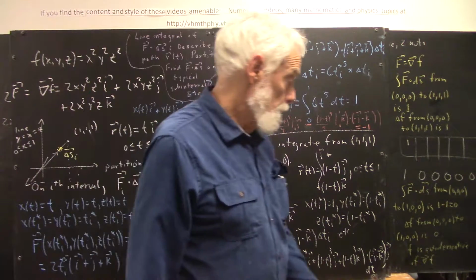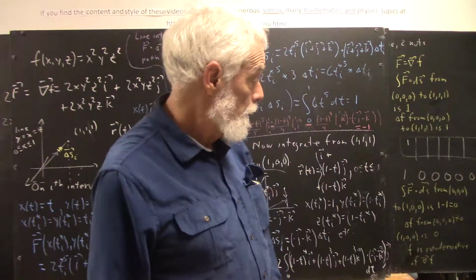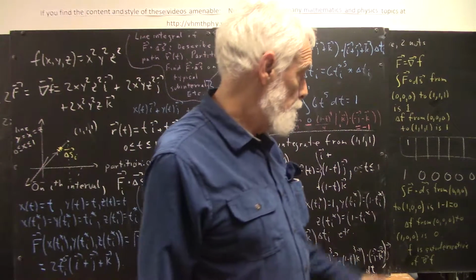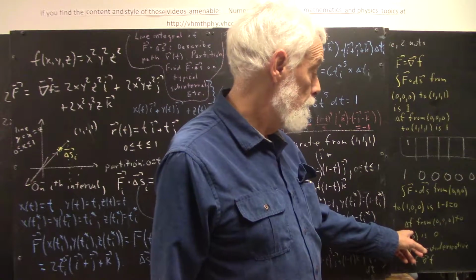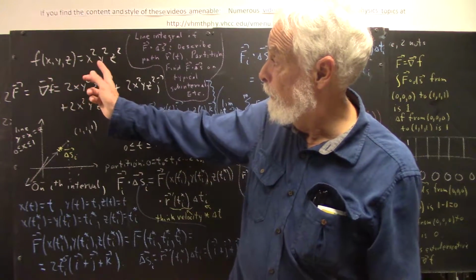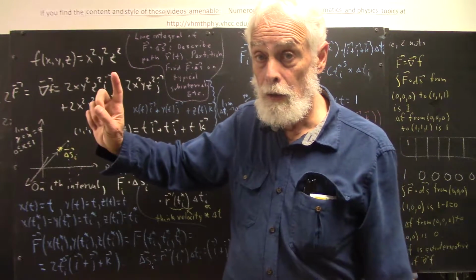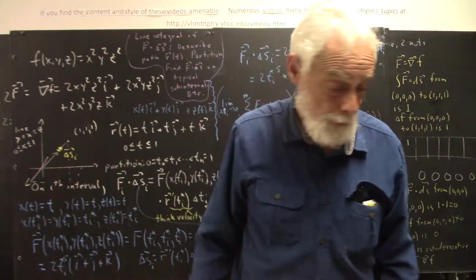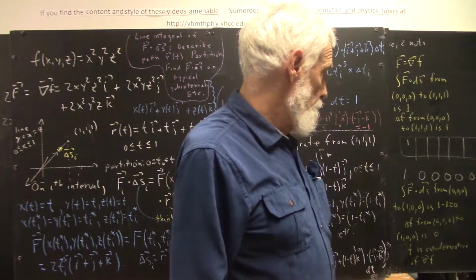If we do the integral along that path, the change is 0. Well, what's the change in our little f function? At (0,0,0), this function is 0. At (1,0,0), again, it's 0. And we already alluded to that.